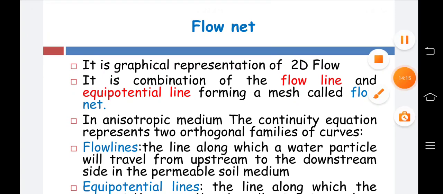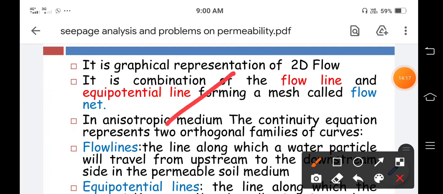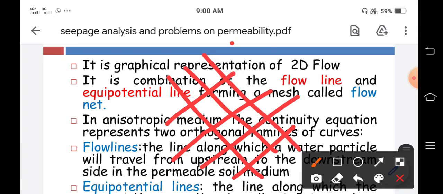While deriving this analytical solution, we get two sets of curves. The first one is the flow line, also called a streamline, and the second one is the equipotential line, forming a net.